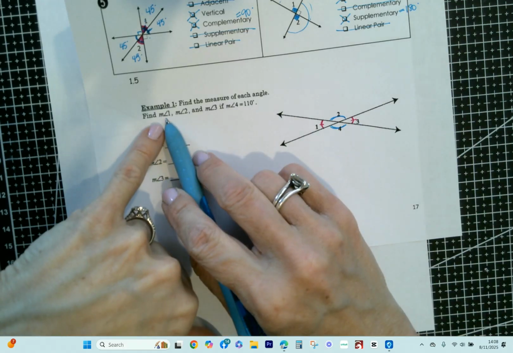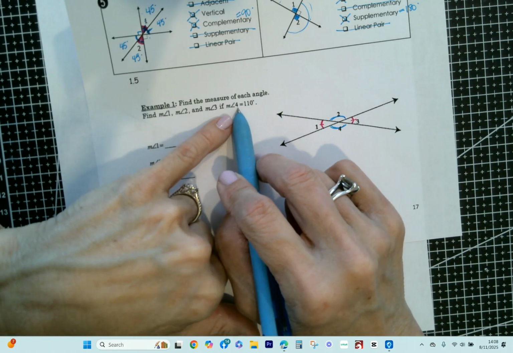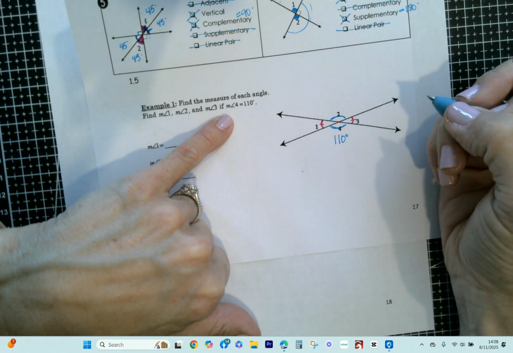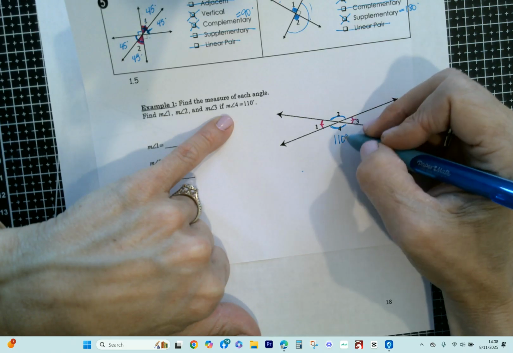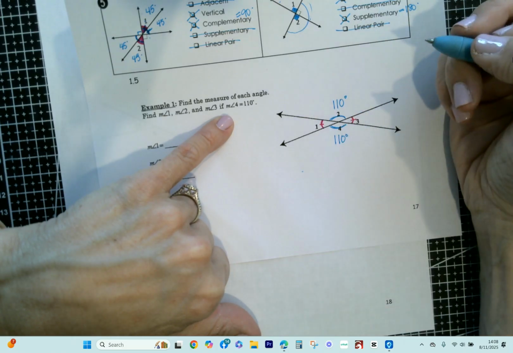So I know that they're the same amount. It says find the measure of angle 1, 2, and 3 if the measure of angle 4 is 110. So right here I'm going to write 110 degrees. Well, if 2 and 4 are equal, I'm going to put 110 over here.